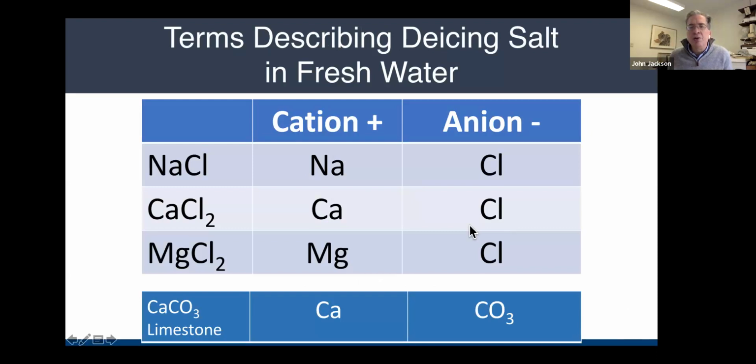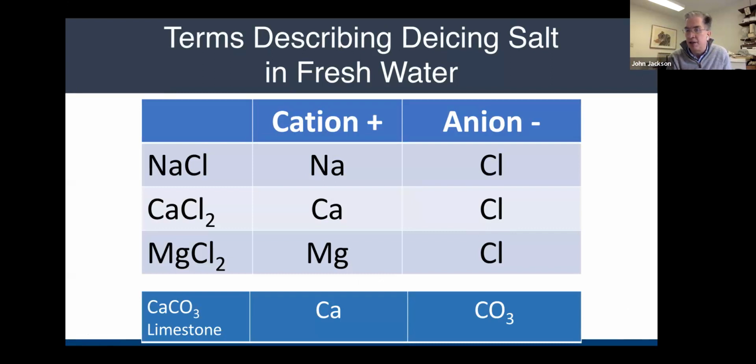The other thing I like to do is remind people what and why we talk about salt the way we do. And that is these molecules break apart. The sodium chloride has a cation, or a positively charged particle, and an anion, or a negatively charged particle. And that's why they conduct electricity in water.